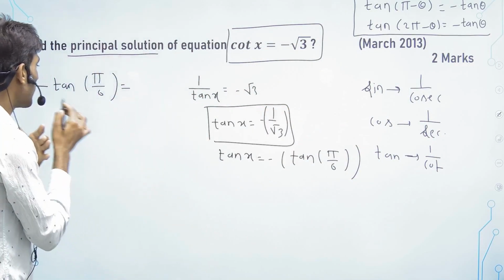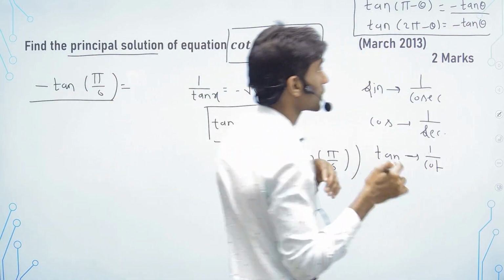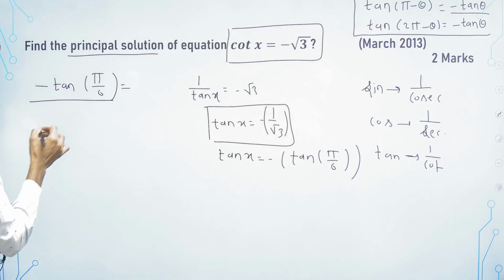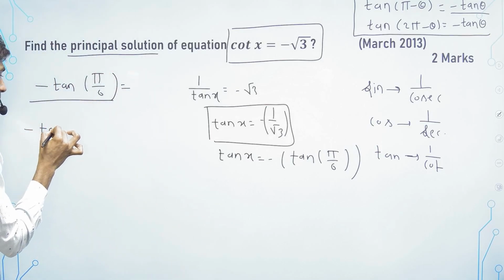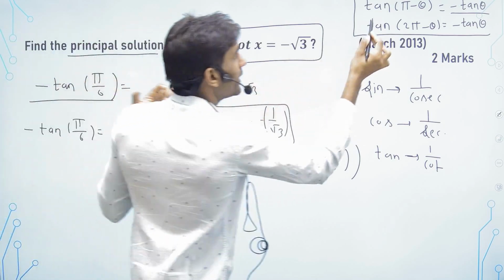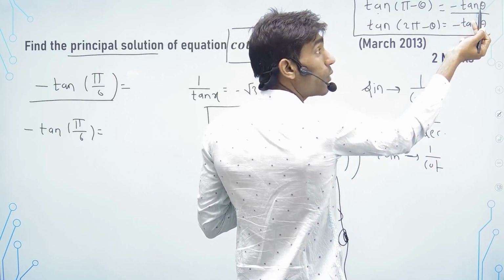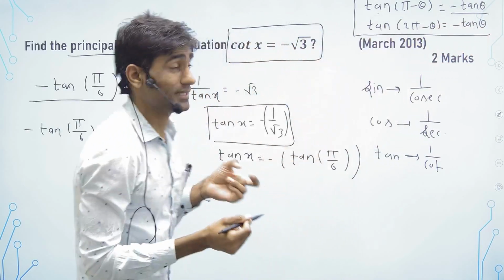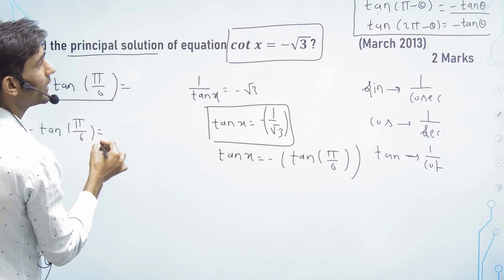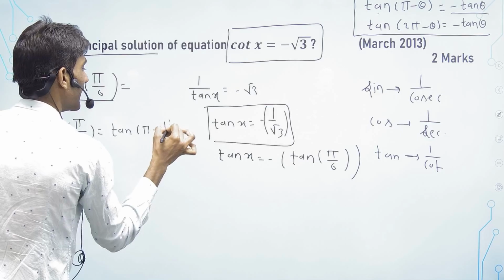So now, negative of tan pi by 6 means negative of tan theta. Replace this value: negative of tan pi by 6 can be written as tan of pi minus pi by 6. What I have done is replace theta by pi by 6. So what we get here is tan of pi minus pi by 6.